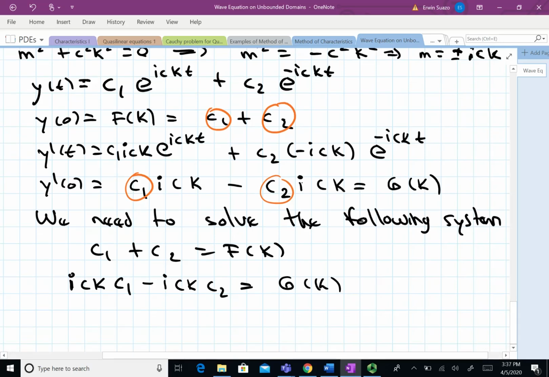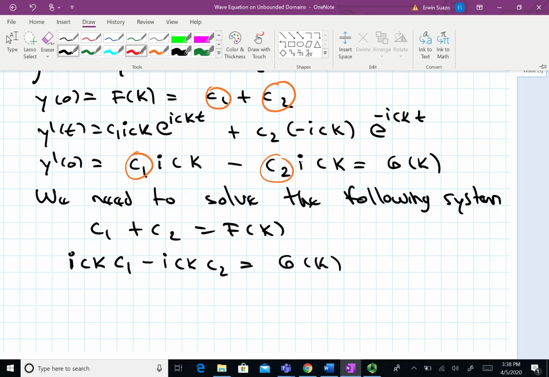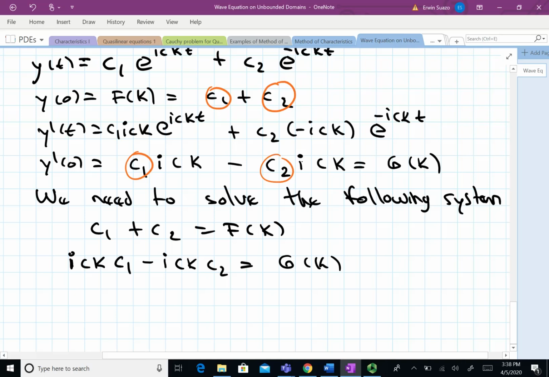Even if it's complex, we just solve it the usual way. Let's find C1, so I want to eliminate C2. I'm going to multiply the first equation by ick, and then add the two equations.